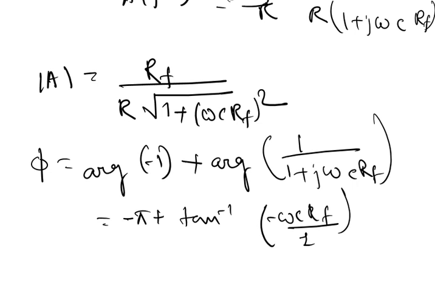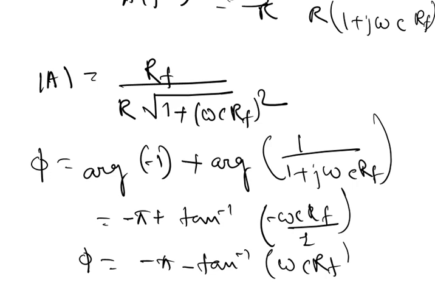So phi equals minus pi minus tan inverse omega C RF. But the phase of the transfer function is defined modulo 2 pi. So we shift by adding 2 pi if needed.